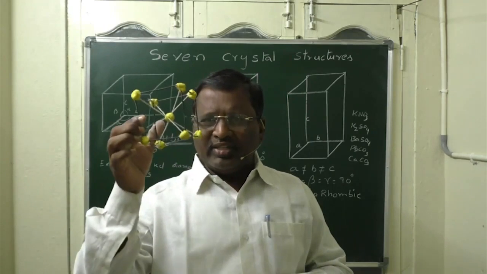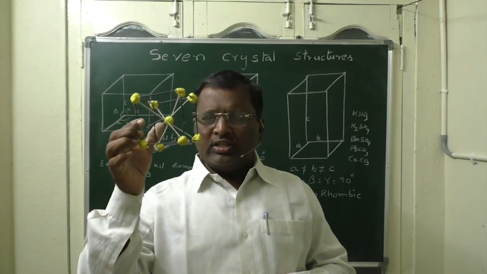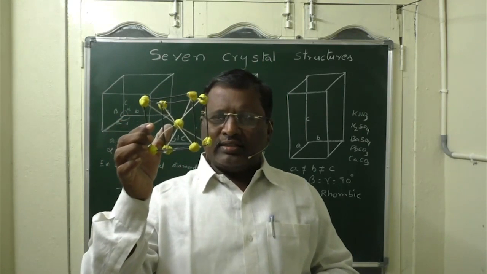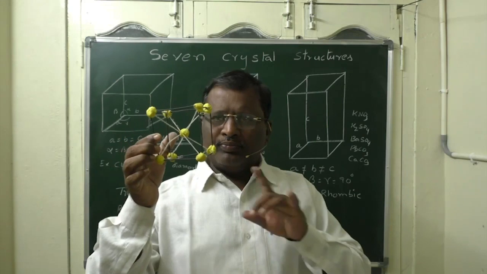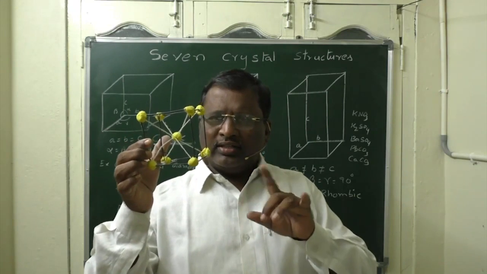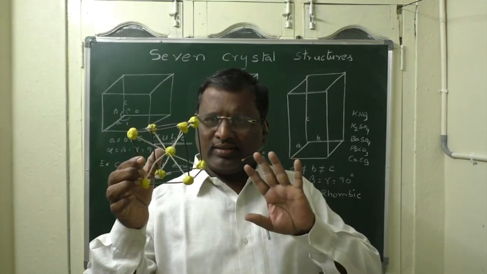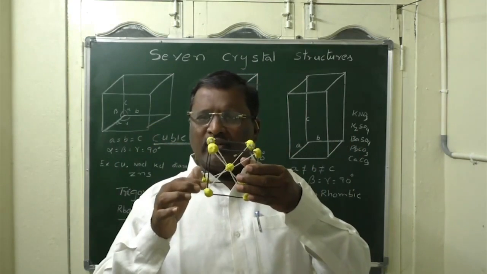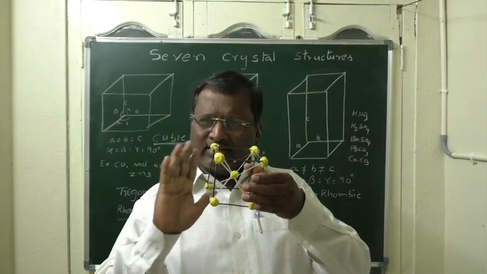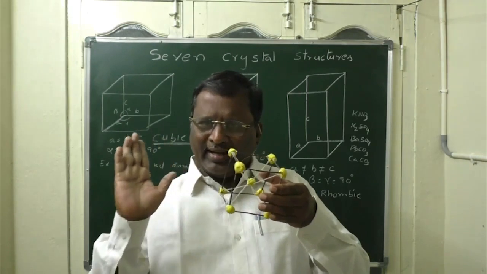This is the cubic structure in which length, width and height are the same, a is equal to b is equal to c, and the angle between any 2 sides is the same and equal to 90 degrees.